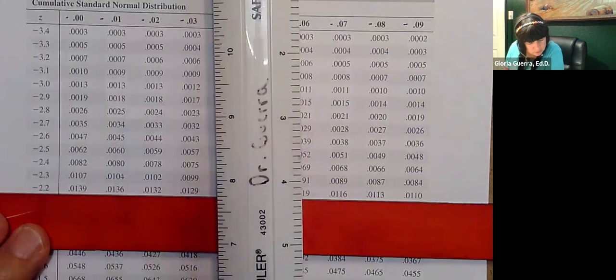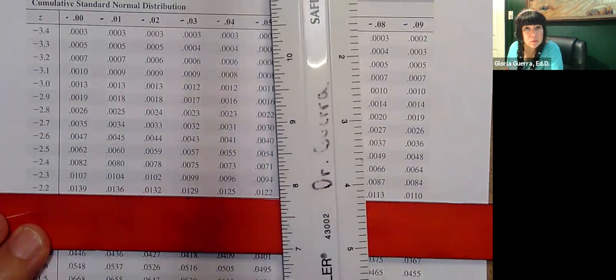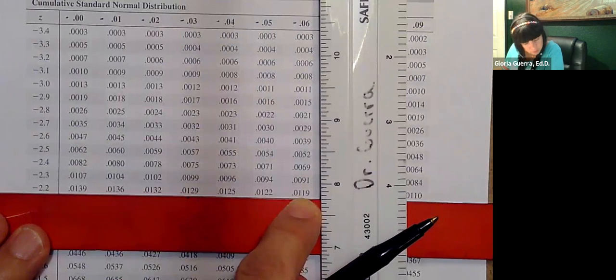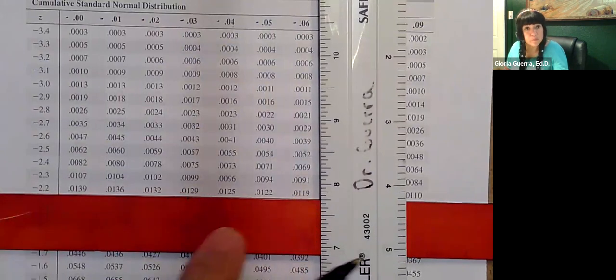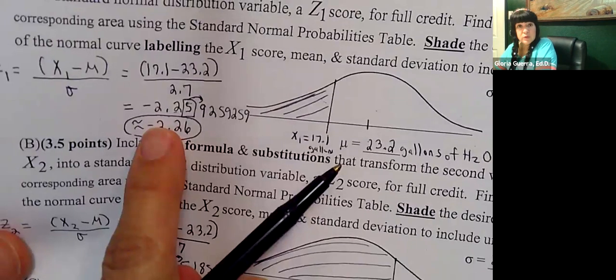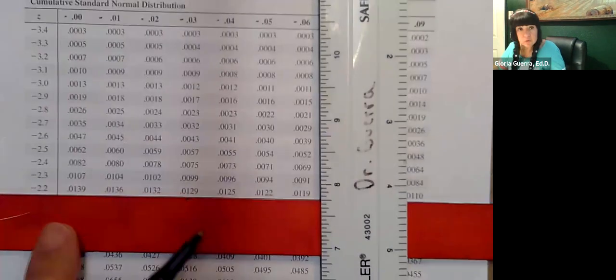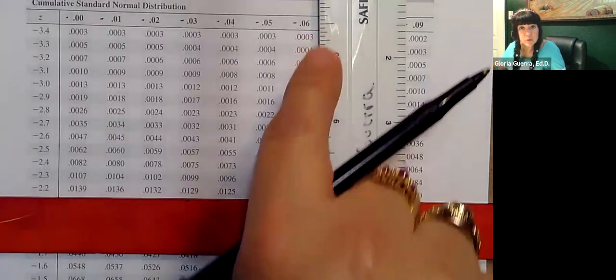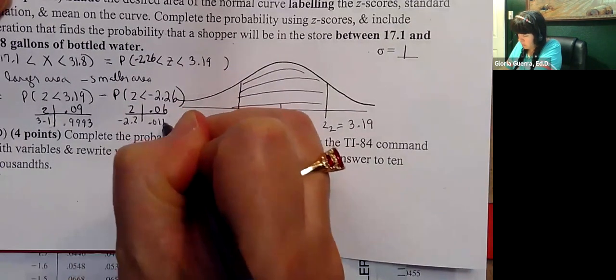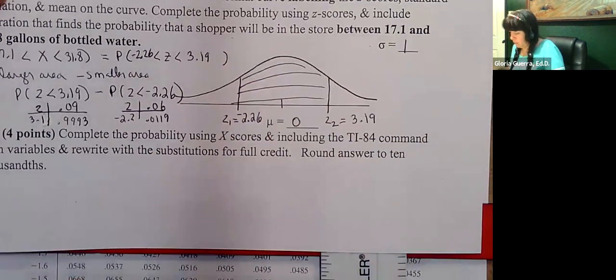Oh, I'm sorry, it was negative 2.26. So 2.2 and then 0.06, right? So there's the 2.2 and then there's the 0.06. So it's 0.0119.